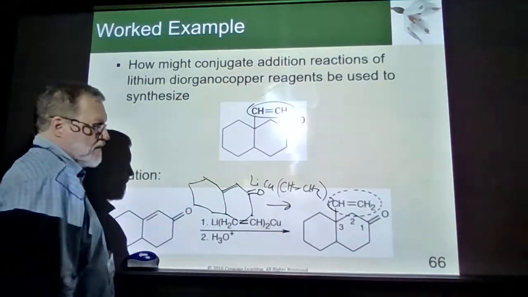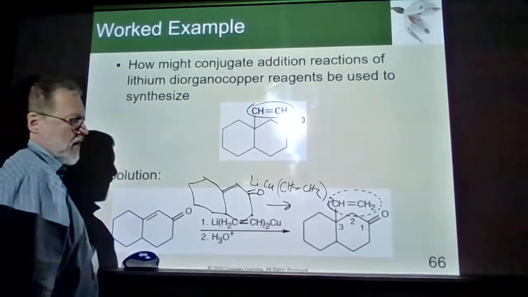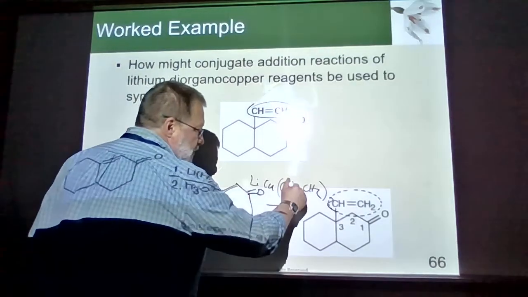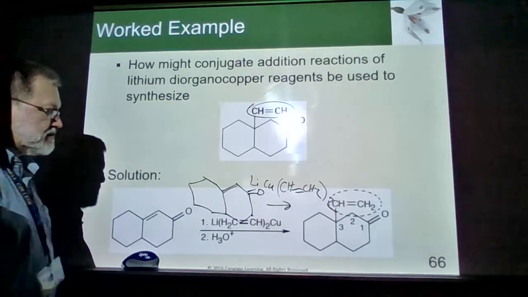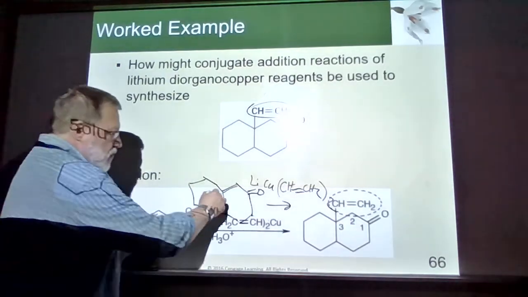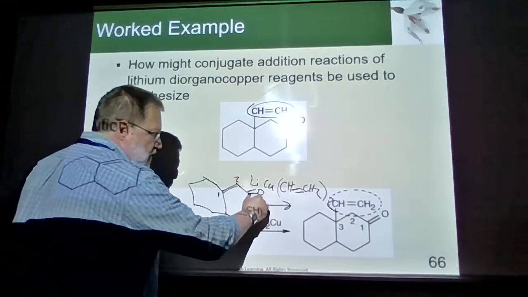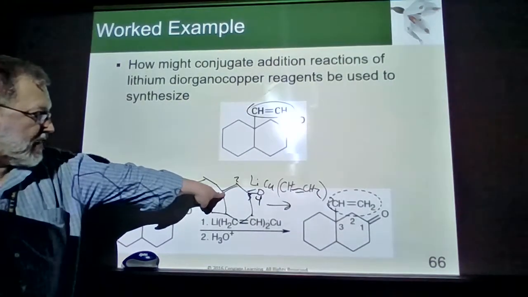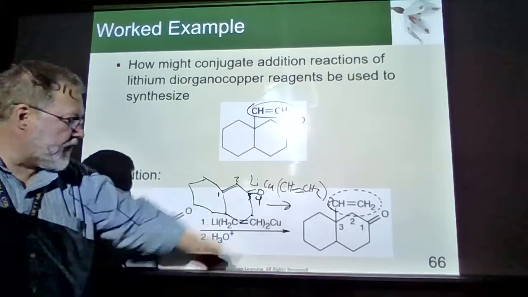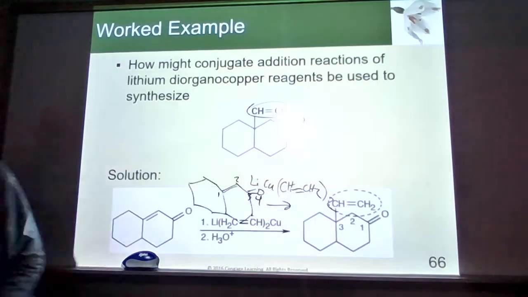We have two of these. This adds this aromatic, this double bonded material to that ring junction. It adds 1, 2, 3, 4. So 1 it adds right there, 2, 3, 4, giving you your final product.